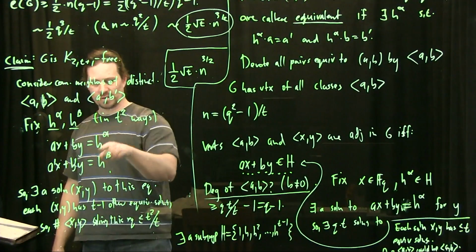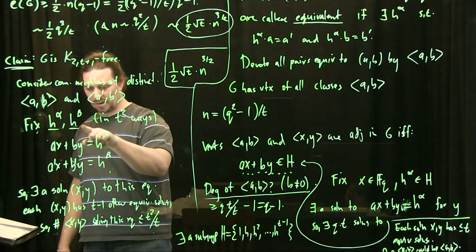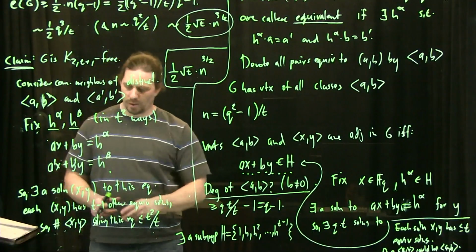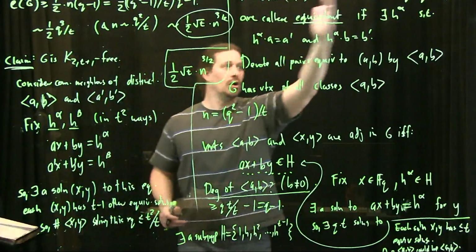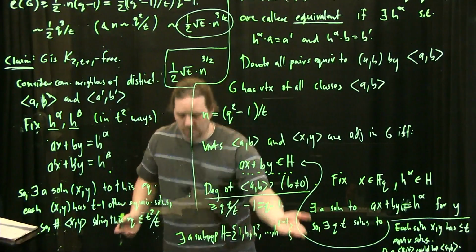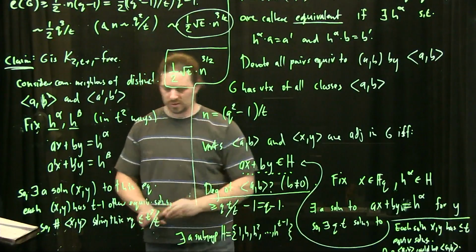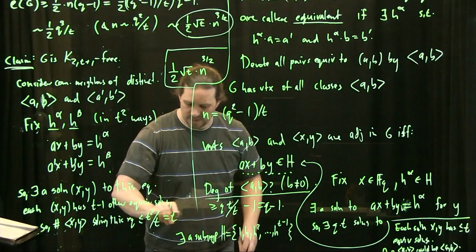Because there's t squared ways to solve it by picking h alpha, h beta, and that produces an x, y. But t of these solutions x, y are equivalent to each other according to this. There's one for each of these other h's there. You can convert these to new equations. So this equals t. So what does that mean?